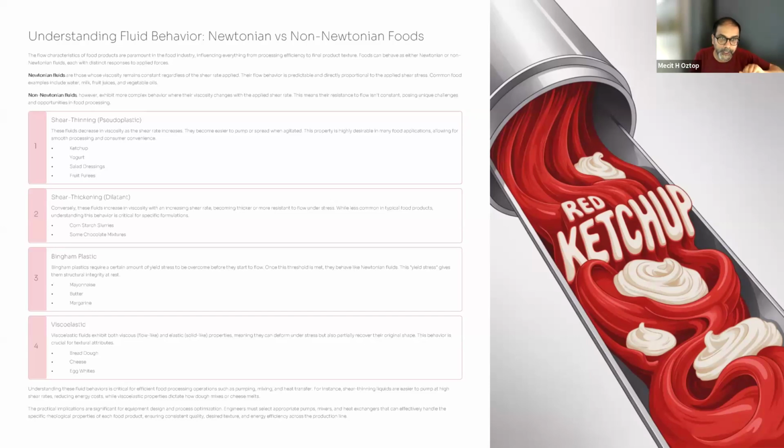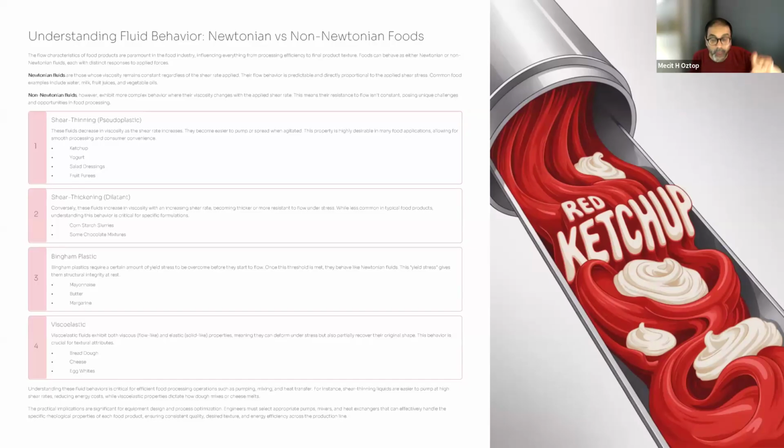Non-Newtonian foods, on the other hand, have changing viscosity, and non-Newtonian fluids can further be classified as shear thinning, so as you apply shear, the viscosity decreases, or shear thickening, where as you apply shear, the viscosity increases.